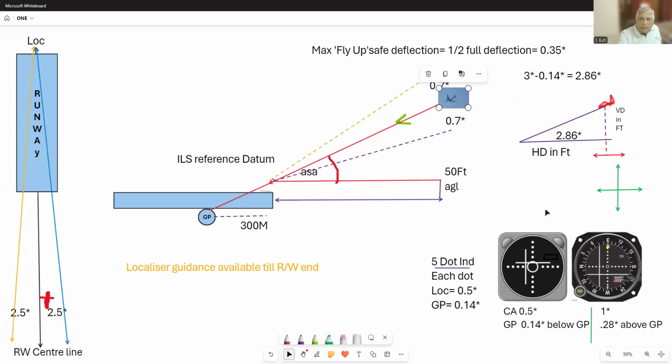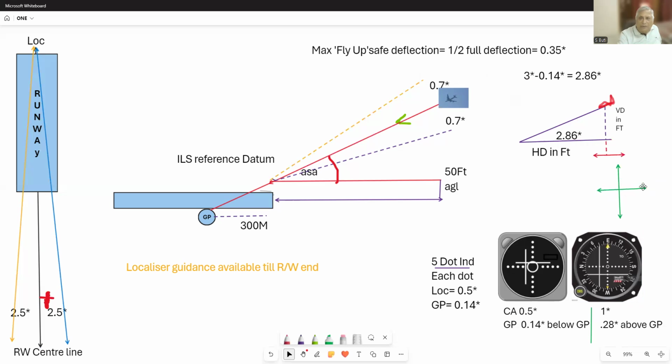There are many types of indicators. Here you see these two. The vertical needle is vertical and moving left and right. The horizontal needle is horizontal and moving up and down. There are some in which the needle swings like a pendulum. Similarly, the horizontal needle, called the glide slope needle, also swings up and down.